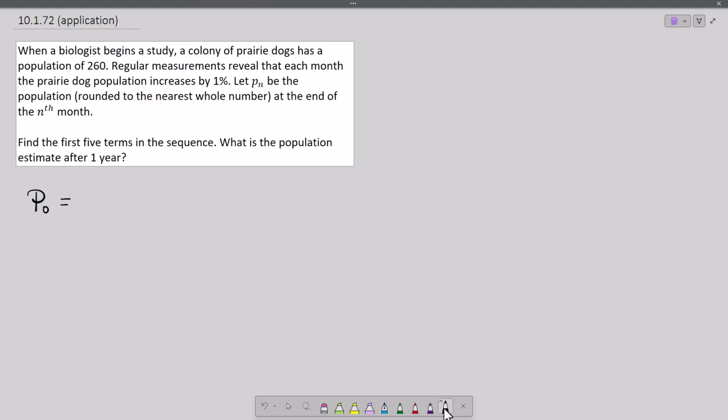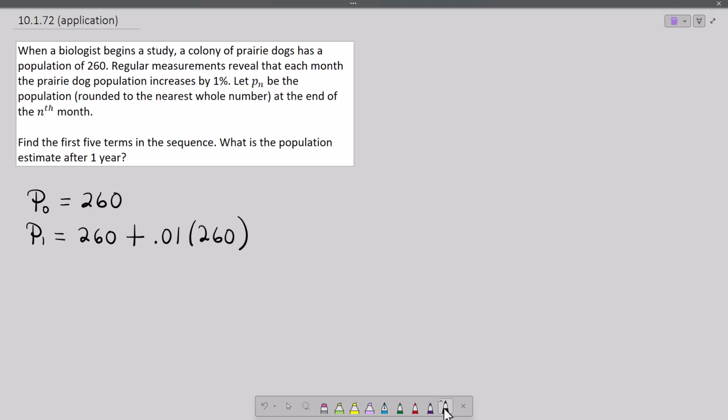So the initial population, P sub 0, is 260. Regular measurements reveal that each month the population increases by 1%. So P sub 1 is going to be 260 plus 1% of 260.